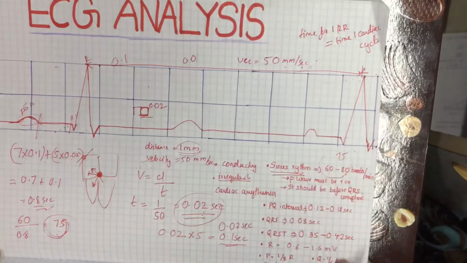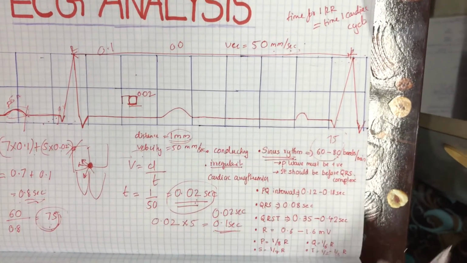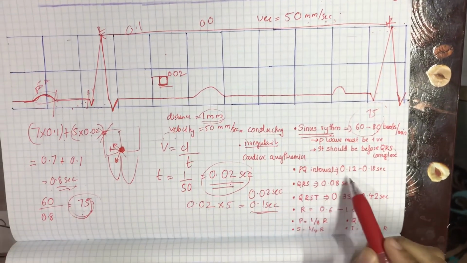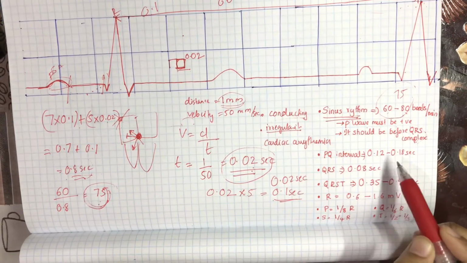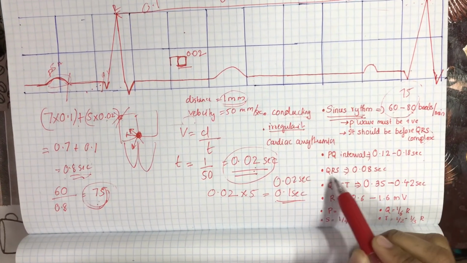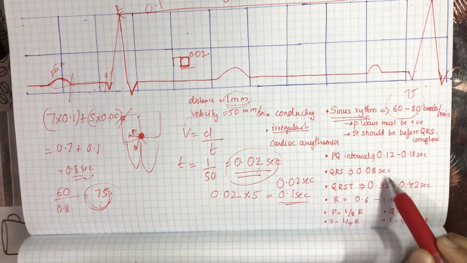For that we have some limits. The PQ interval should be in between 0.1 to 0.18 second. QRS should be 0.08 second.